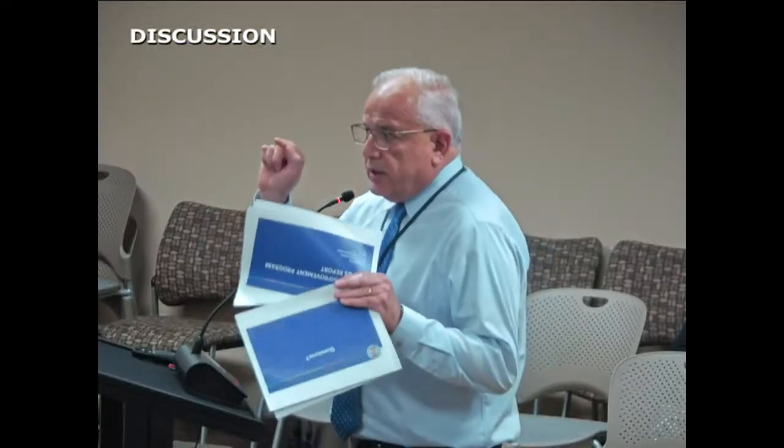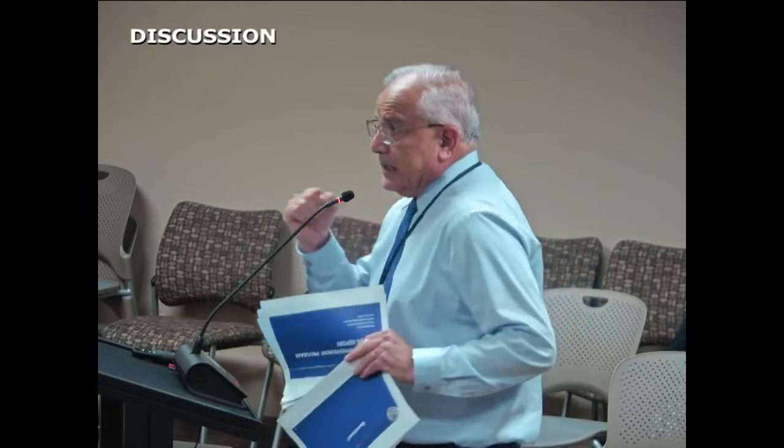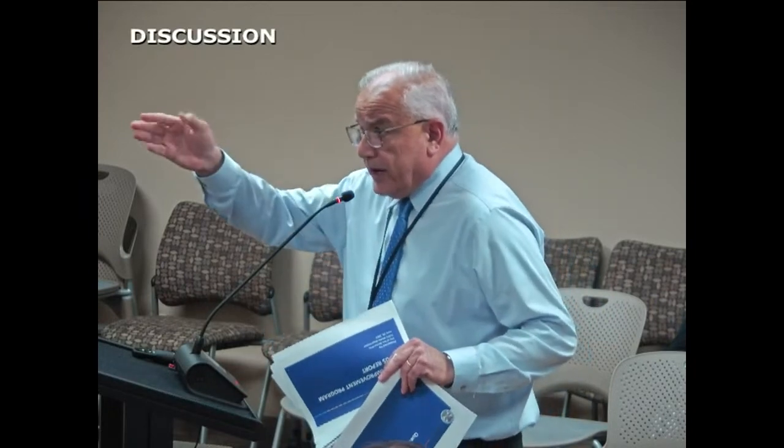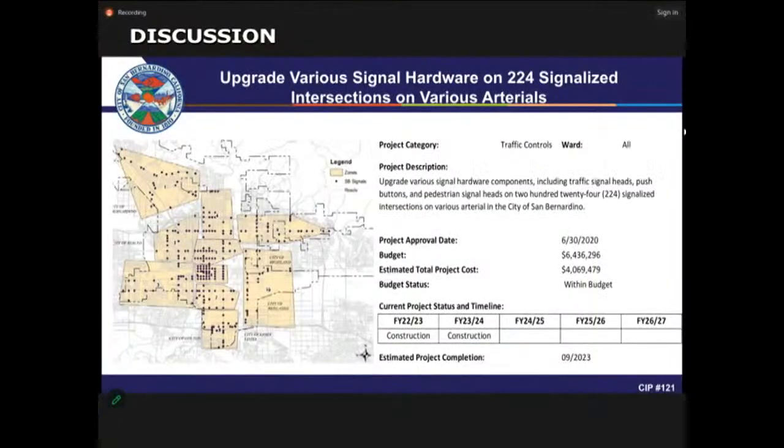The way it shows in the financial system, that's a question for finance, I'm not sure. It shows in the finance system as 6.436, but the actual estimated project cost is $4 million. So for anything above that, in order to use it, we have to get approval from Caltrans.